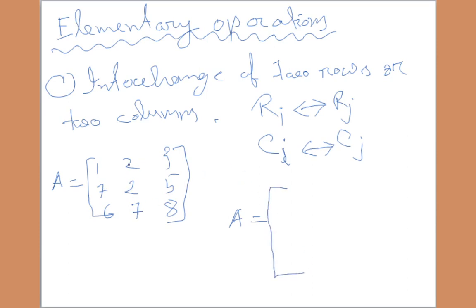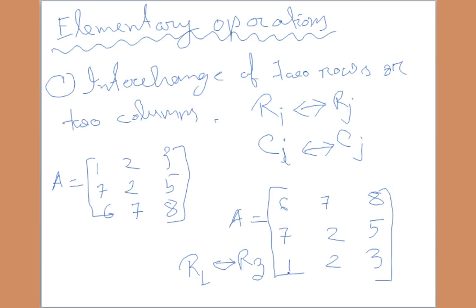So the matrix becomes 6 7 8, 7 2 5, 1 2 3. We have interchanged the first row with the third row.